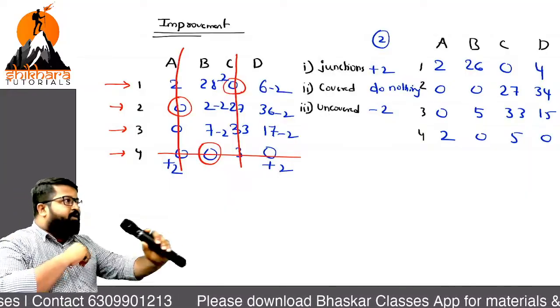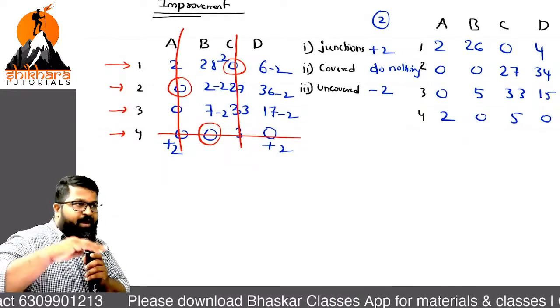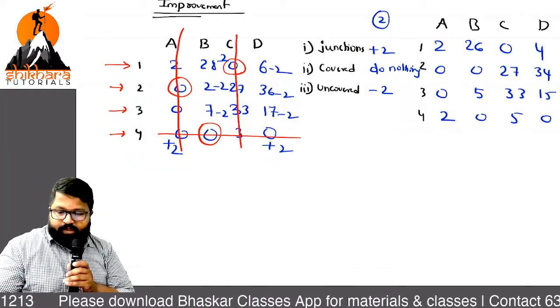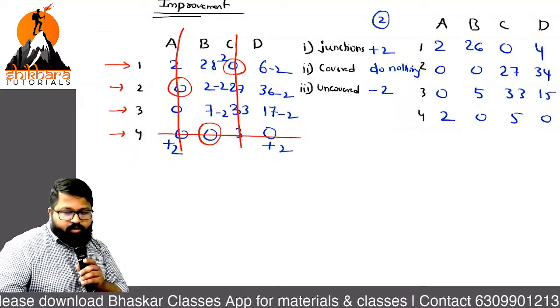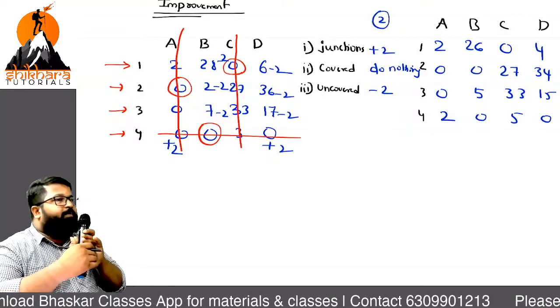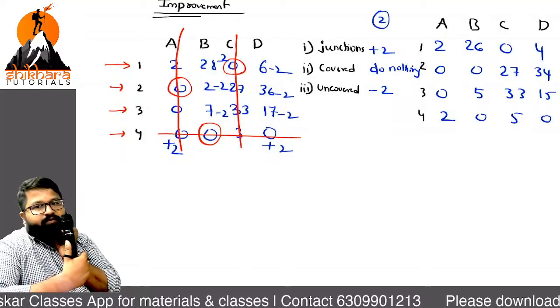Once improvement is done, we are doing the test for optimality again, on the same matrix. Everyone done till here, the improvement part? If you are done, inform me so that we can go with the next step.